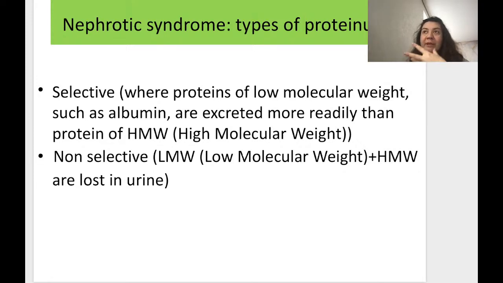When it is losing just albumins, just low molecular weight proteins, we name it selective proteinuria. And non-selective is when all types of proteins, low molecular weight as well as high molecular weight, go through the membranes and are lost in urine.